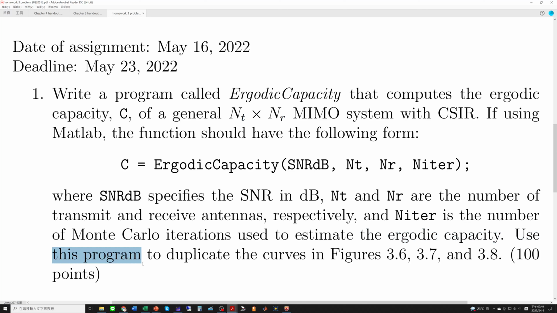Use this program to duplicate the curves in figures 3.6, 3.7, and 3.8. 100 points. Let us see these three figures.